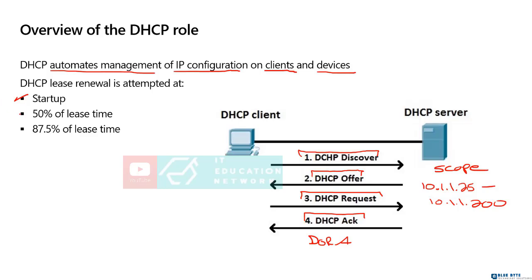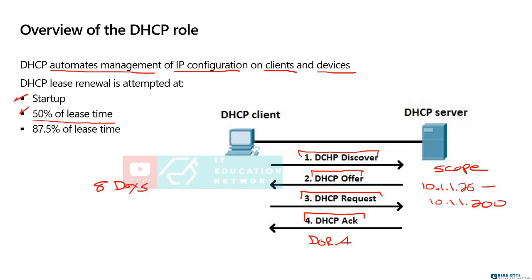If 50% of the lease time has lapsed, it will actually renew the address. Now, we'll create some DHCP scopes, but when you create a scope, the default time a scope leases an address for is 8 days. Now, you can set it to whatever you want, but it's 8 days by default. So what happens? When this is 50% expired, so 4 days, your client will automatically renew the same IP address it already has.